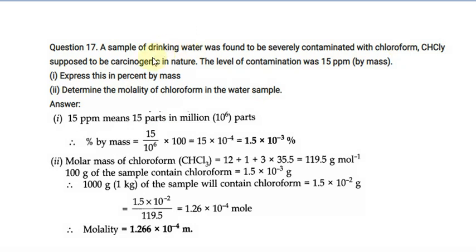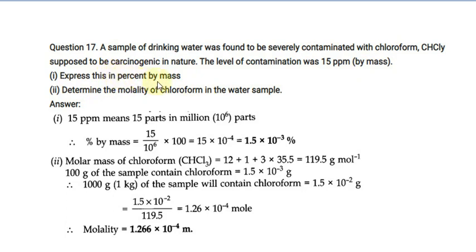Next is another question, the 17th question. A sample of drinking water was found to be severely contaminated with chloroform, which is supposed to be carcinogenic in nature, means it is cancerous in nature. The level of contamination was 15 ppm, that is parts per million by mass.